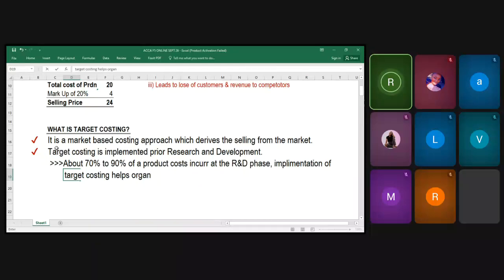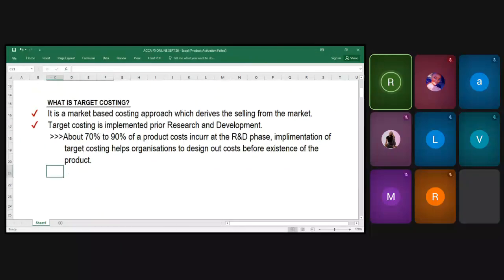Our organizations are going to be helped to design out costs before the existence of the product. All right. So that is very key and critical, right? So if we implement target costing, number one, we are going to design out costs.